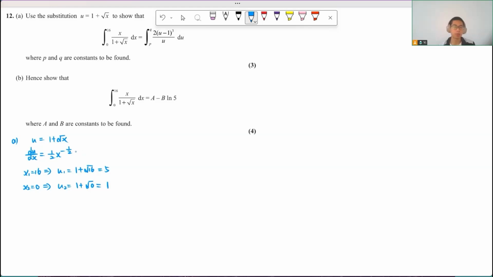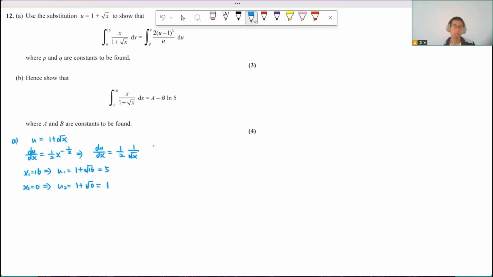And then now we just have to rearrange that to make dx the subject. So du over dx, if we simplify that, would be half and then 1 over root x, because x to the power half is root x, and then negative 1 means the reciprocal should be 1 over.